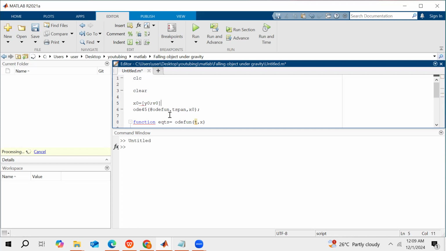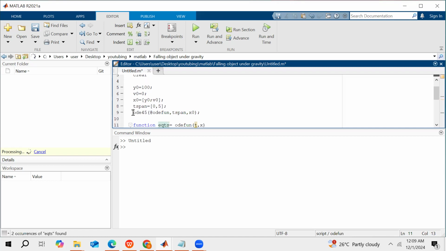So we know that our y0, the object is falling from 100 meters based on what we defined. Then our initial velocity is 0. Then we can also say our T-span, we want this simulation to run for just 5 seconds, 0 to 5. So this is our ODE function.